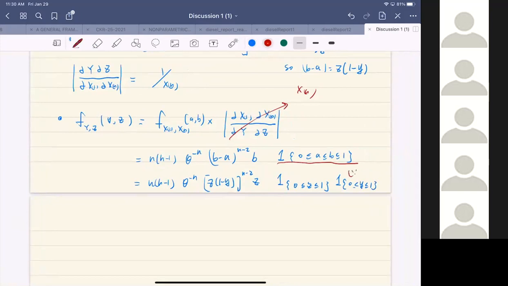This is because S1, Sn now range from 0 to theta.